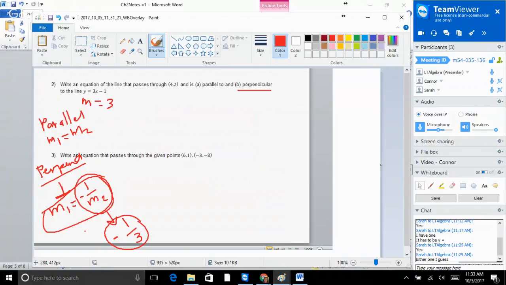So now we just go about the same way. We know that our perpendicular equation has to have a slope of negative 1/3 times x plus b. See, I'm defaulting to my way. You could also use the point slope form. All right. We also know that it goes through 4, 2.